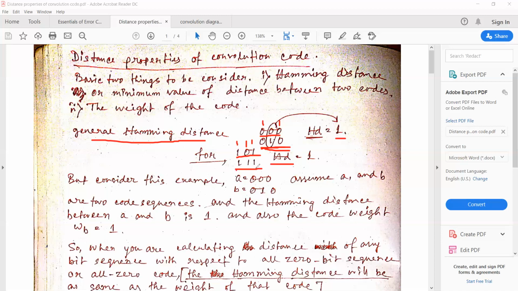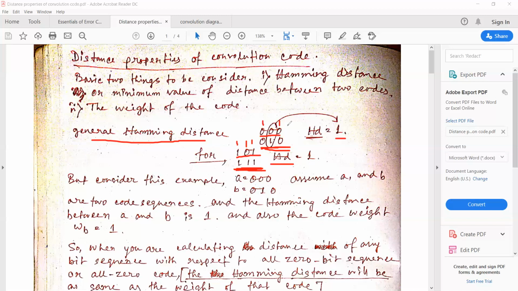From 111, the number of ones present in this code sequence is 3, so the weight of this code is 3. The weight of the code 010 is 1 because only one 1 is present in this code.